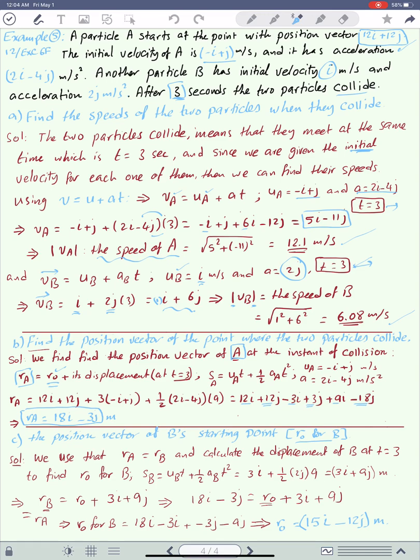Can we calculate displacement at 3 seconds? Yes, of course, using the formulas of kinematics. Using SA, the displacement for A is equal to UA times t plus half a t squared. We are given the U for A, the acceleration for A, and t, which is 3 seconds.